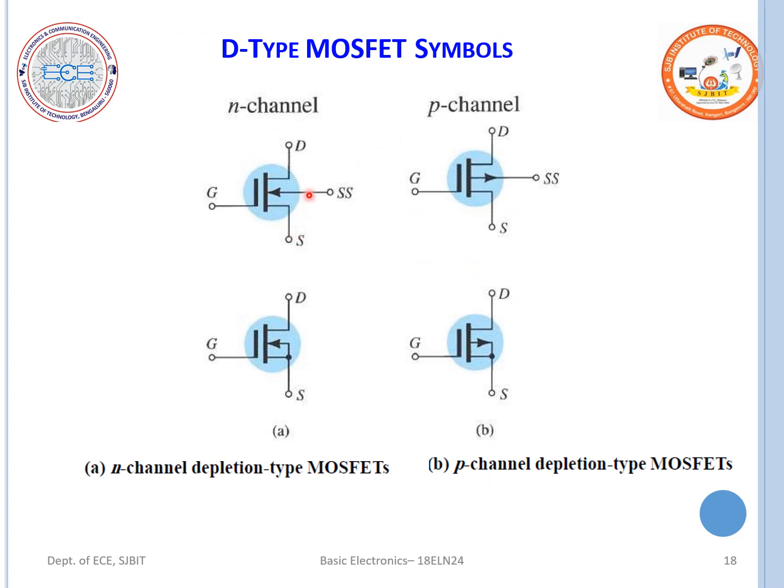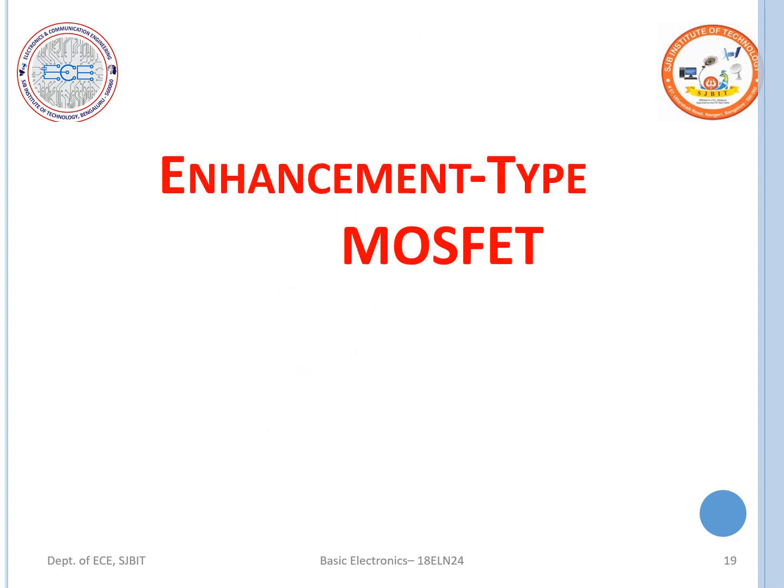So these are the symbols of N-channel D-type MOSFETs and P-channel D-type MOSFETs. These are the different kinds of symbols we use.